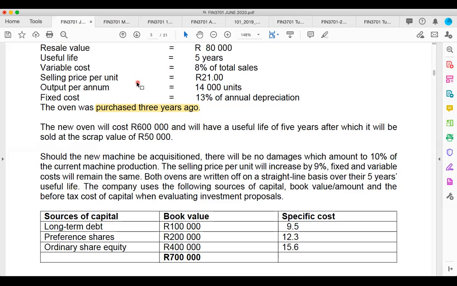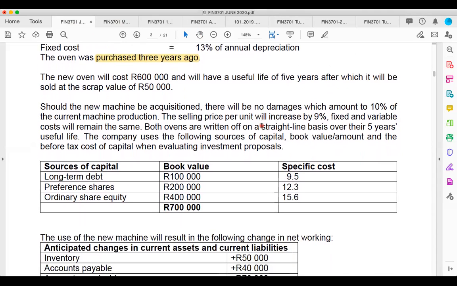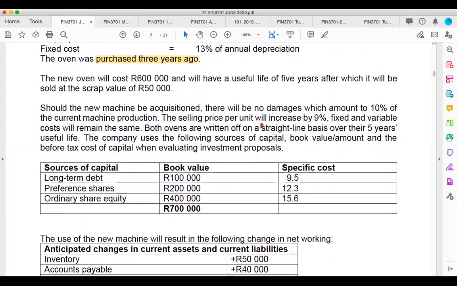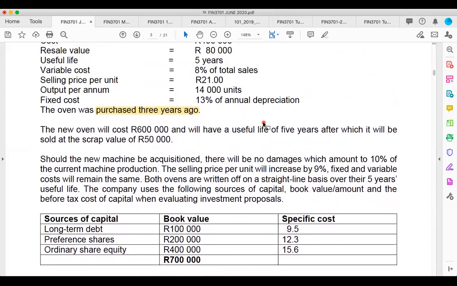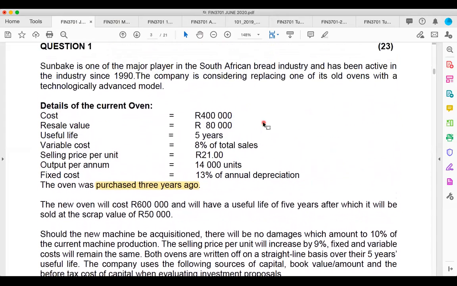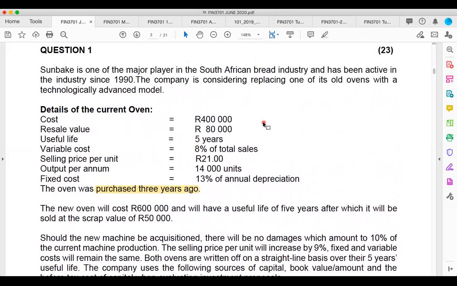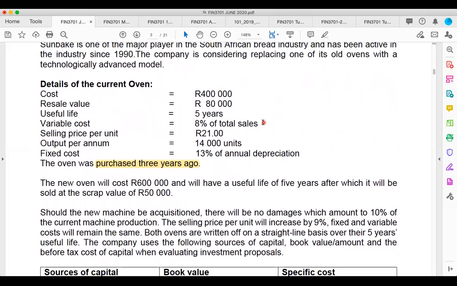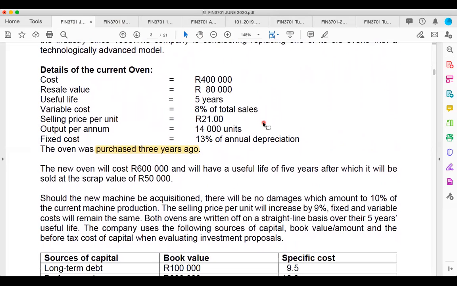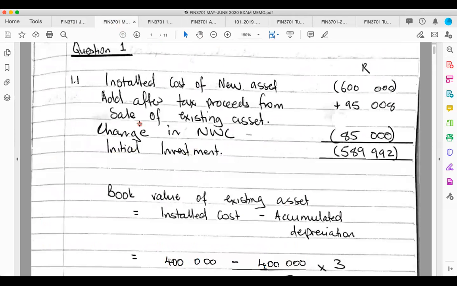As soon as you've noticed the 600,000, you then just have to quickly check to see if there are any delivery expenses or installation expenses. And from what I can see here, there's nothing associated with installation or transportation. So it means we're just dealing with an installed cost of the new asset of 600,000.